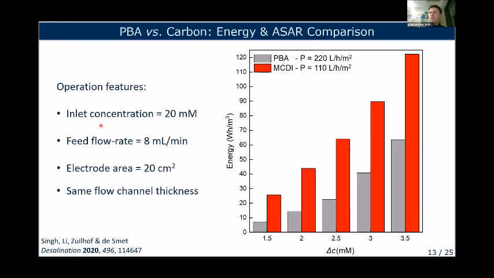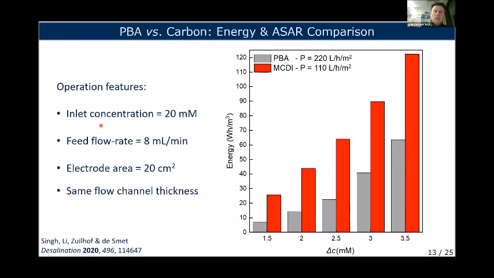I continue by comparing another interesting parameter before I go to the ion selectivity part. And that is the energy and also the average salt adsorption rate. First of all, I have to mention that we use the two cells I have just discussed. I hope that difference is clear.